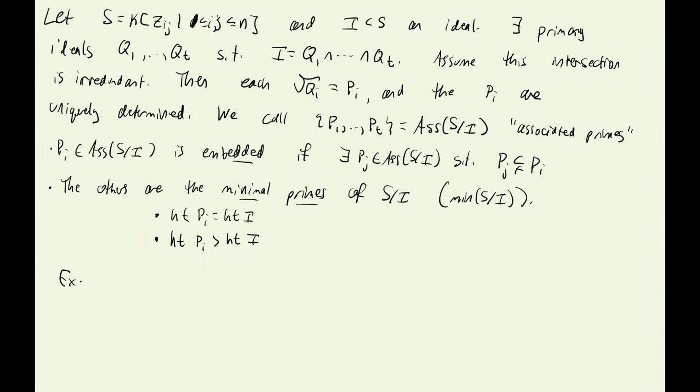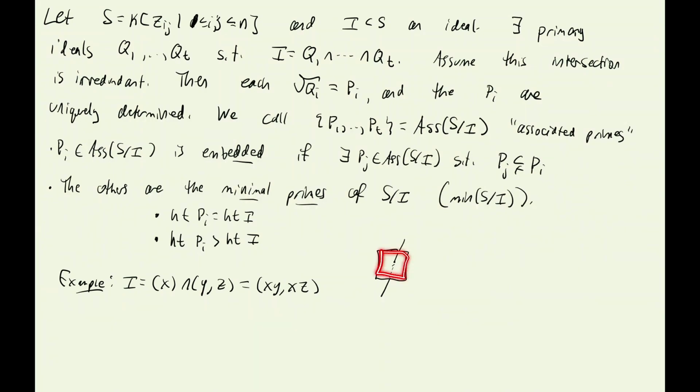So for example, if I is (x) intersect (y, z), or (xy, xz), then with some orientation of our axes, this is a plane with a line through it. And the plane part, we want to call this variety two-dimensional because we take the dimension of a variety from the largest component.